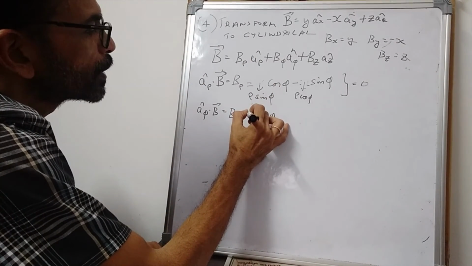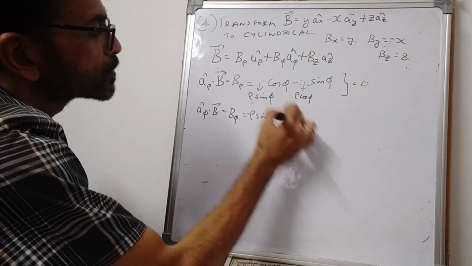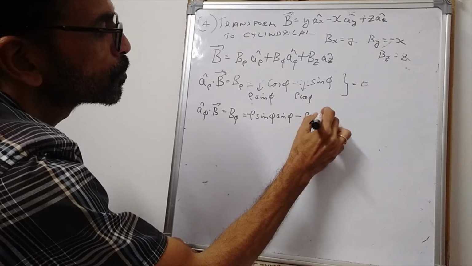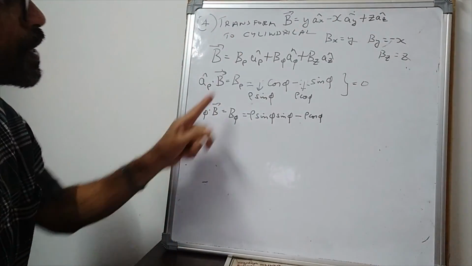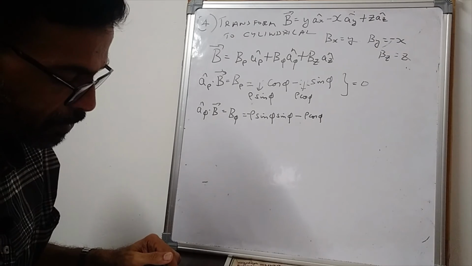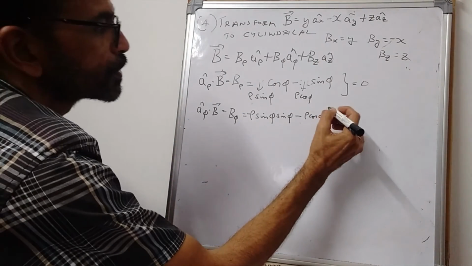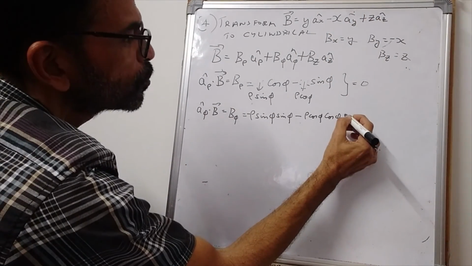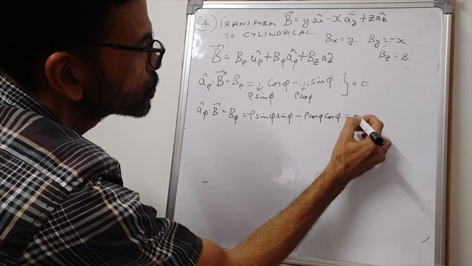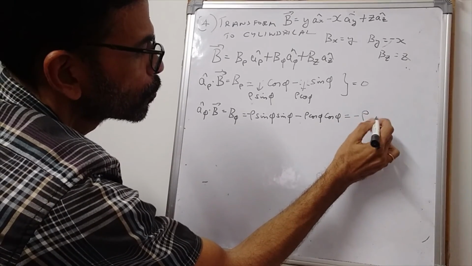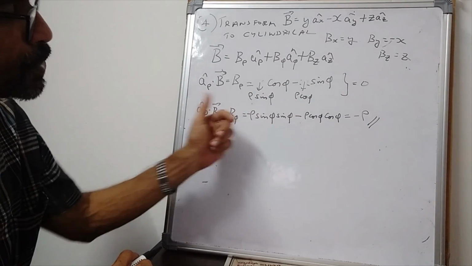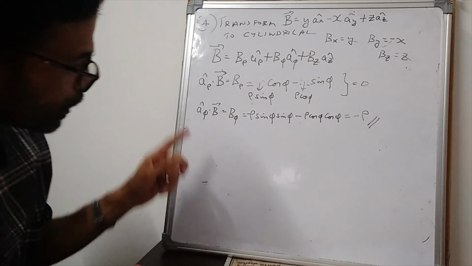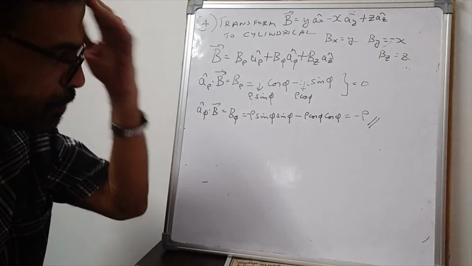So minus sin phi, minus, now x is rho cos phi, a phi cap dot ay cap. A phi cap dot ay cap is cos phi, and then a phi cap dot az cap is 0, and this result is minus rho. If you take rho common, you will get sin square phi plus cos square phi, which becomes minus rho. So the phi component is minus rho.